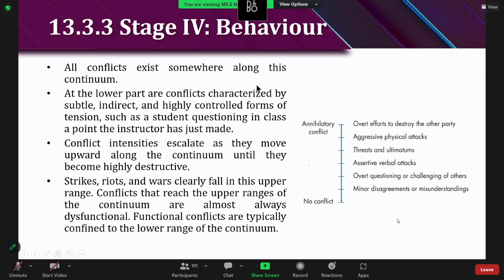When there is a high level of conflict, people will make overt efforts to destroy the other party, maybe hitting the other party or engaging in physical attacks, or whatever they try to do to destroy the other party or the other party's property. That would be the highest level of opponent behavior people can execute. Next are aggressive physical attacks, and then threats and ultimatums. Even before attacking, they will threaten the person, saying, okay, I will hit you if you are not agreeing with my point of view.